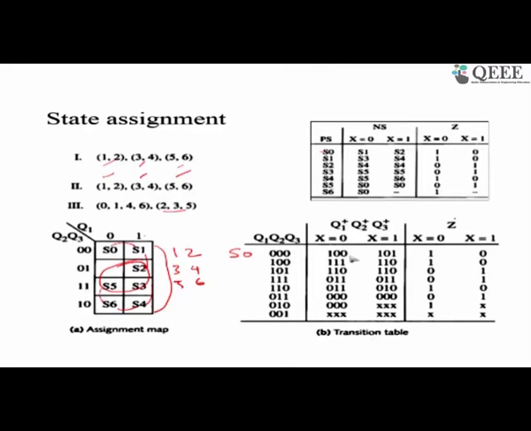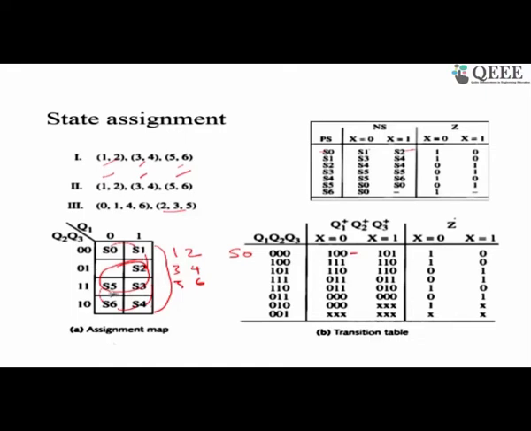And then this is S2. What is S2? S2 is 1, 0, 1. What you have to simply do is, from this one write down the mapping for S0, S1, S2.